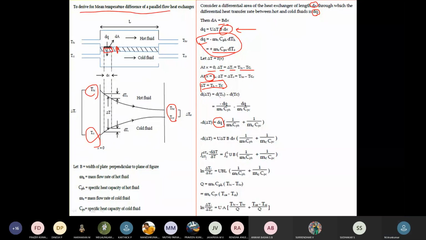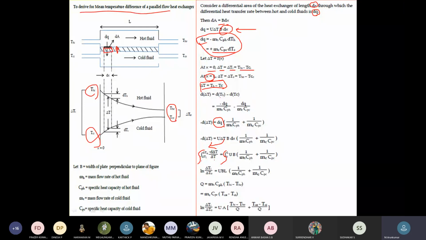Then minus d(delta T) can be written like this. This can be taken in the denominator, then integrate on both sides.